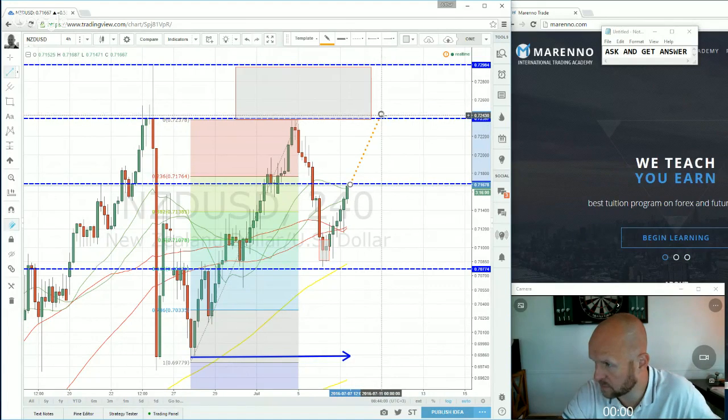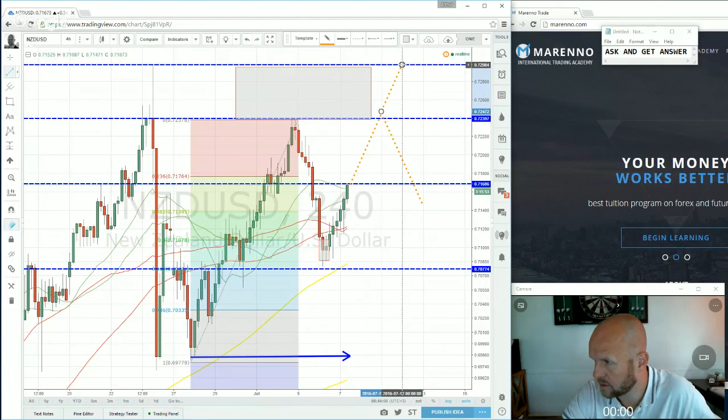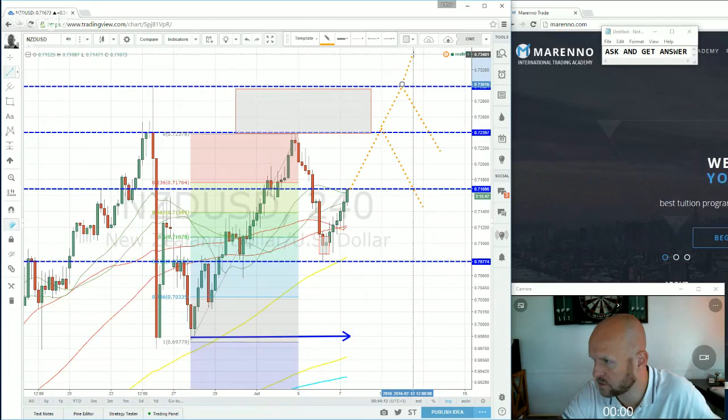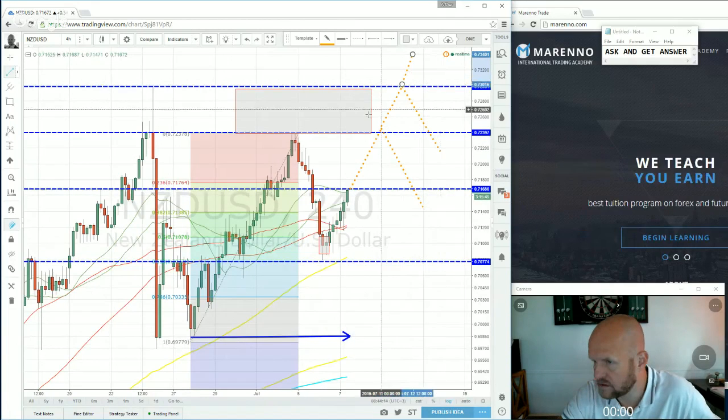Then it all depends. The price can reverse from here towards down, or it will continue to go up. We have another level to reverse, and then the possibility of the price moving higher also exists.